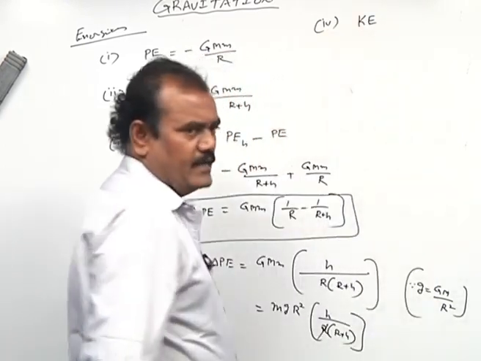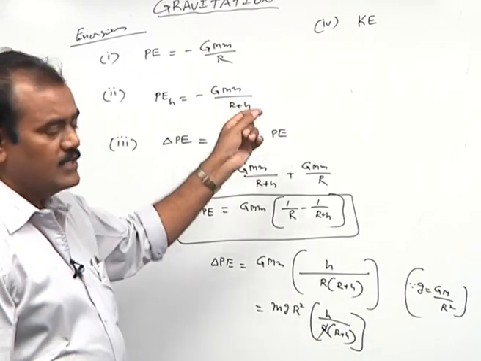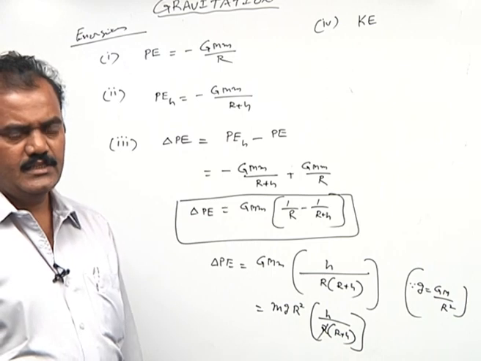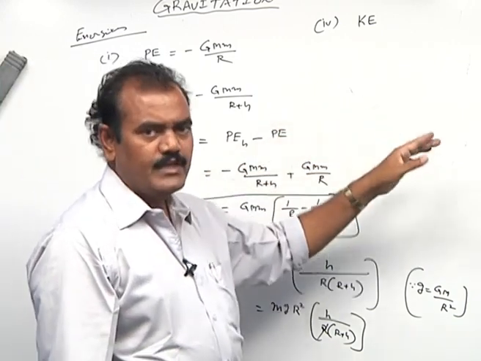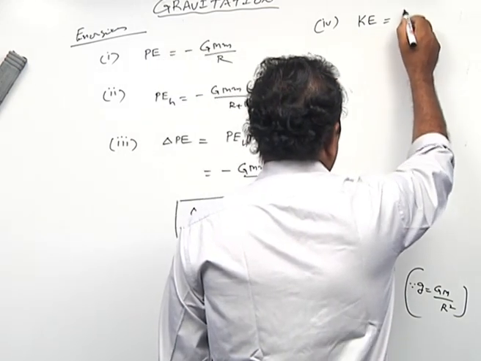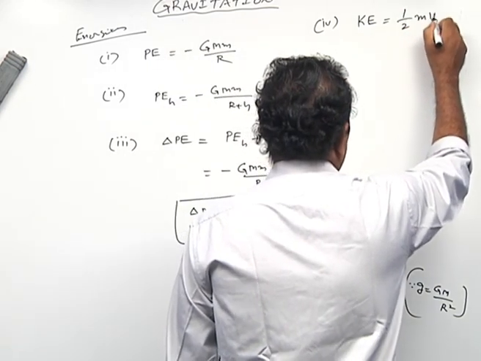Kinetic energy of a satellite which is revolving in orbit very close to the surface of Earth. In that case, kinetic energy can be taken as 1 by 2 m v naught square.